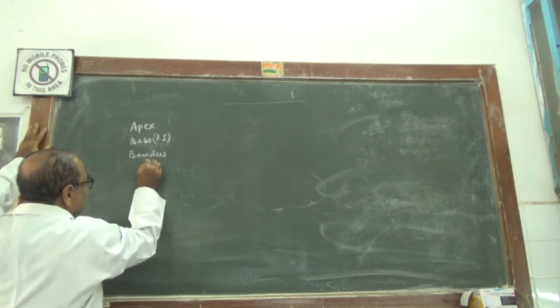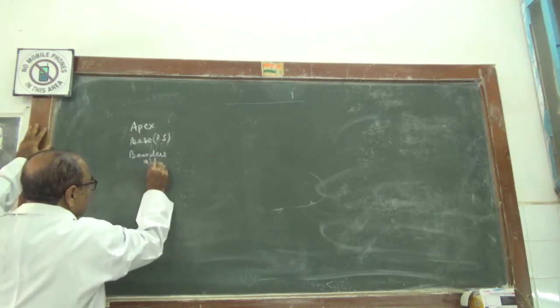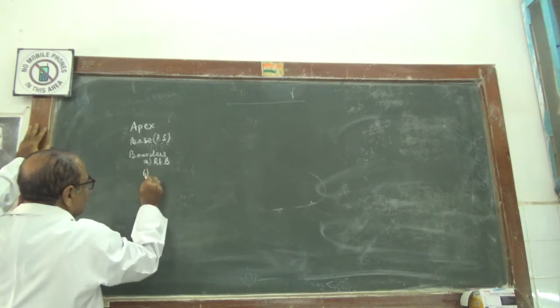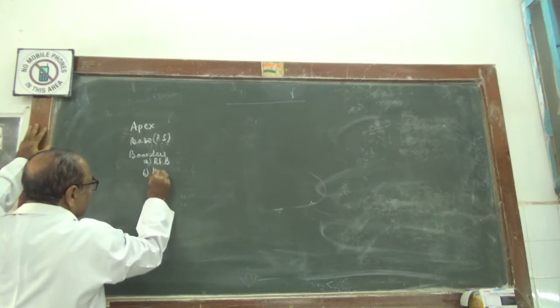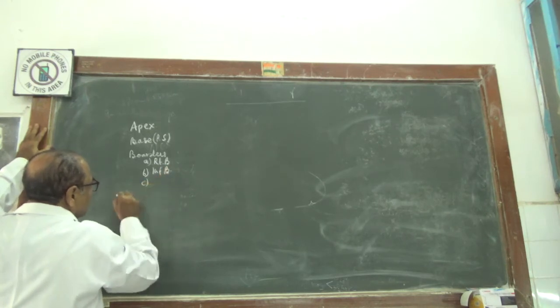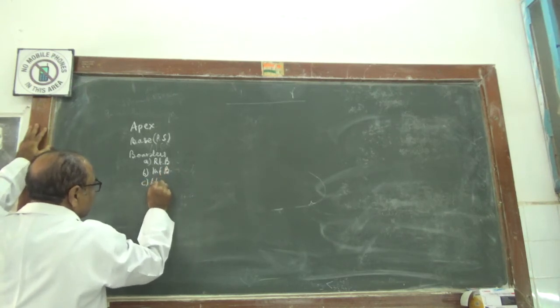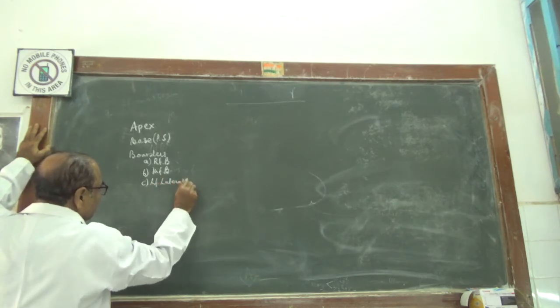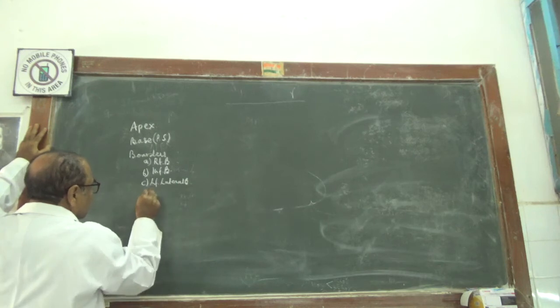There are the borders: right border, inferior border, left lateral border, and upper border.